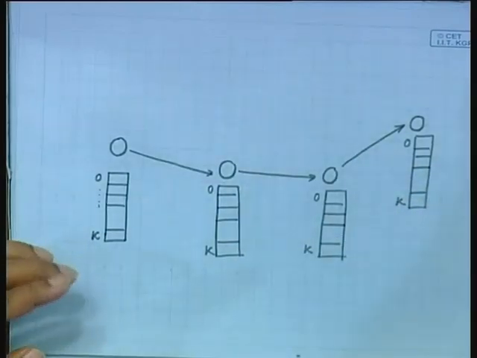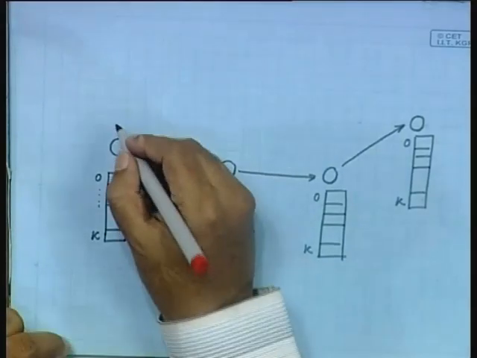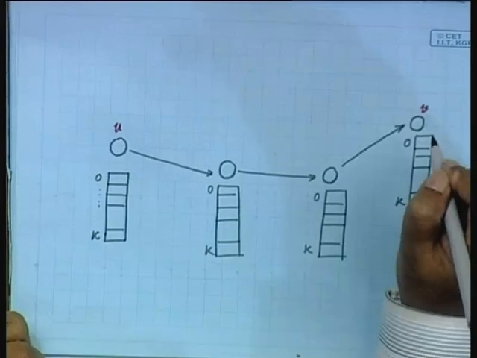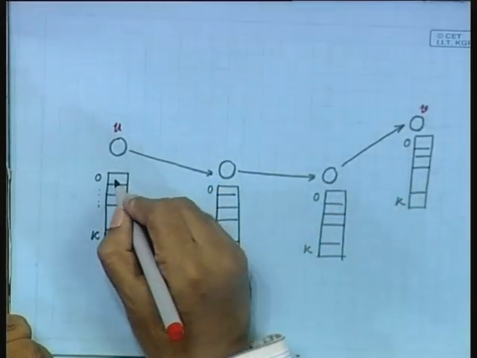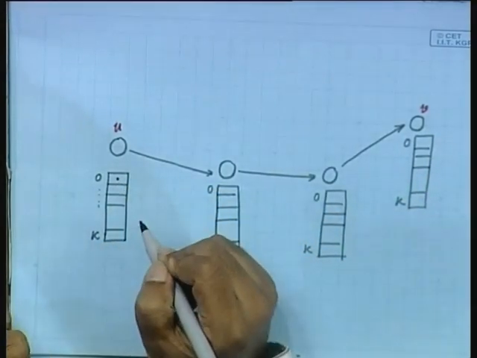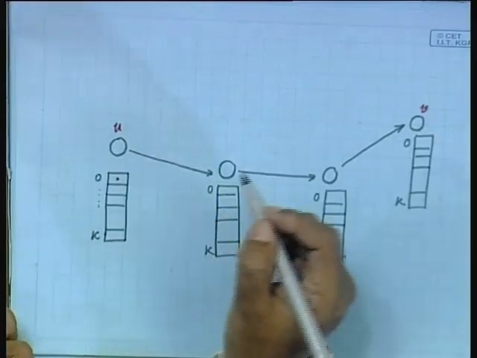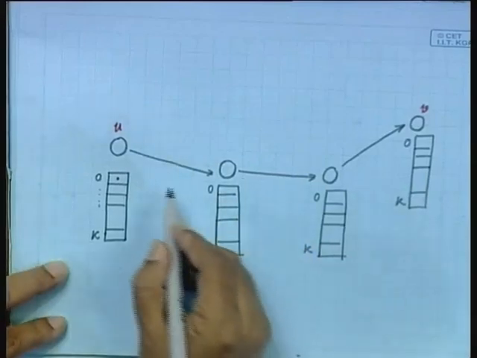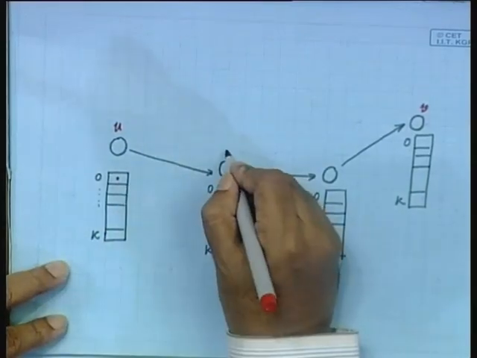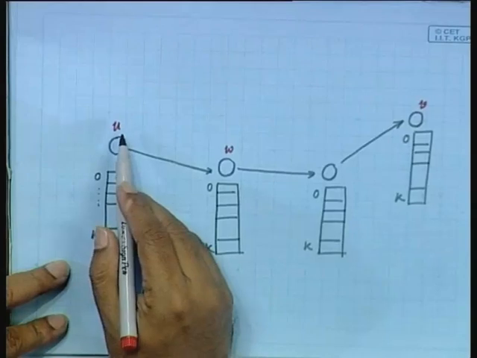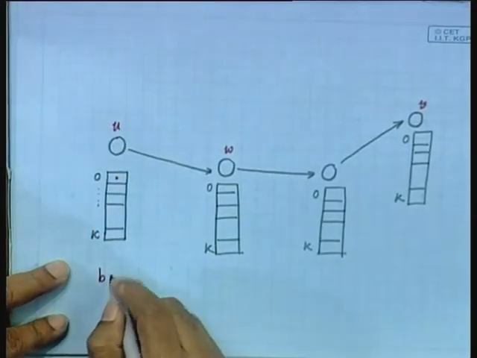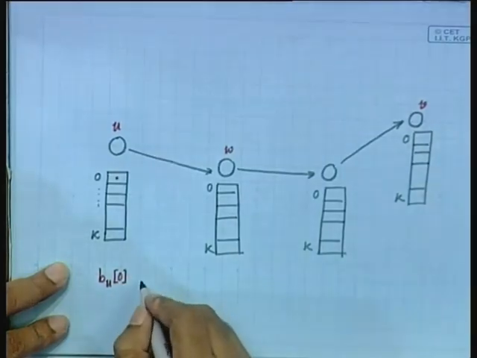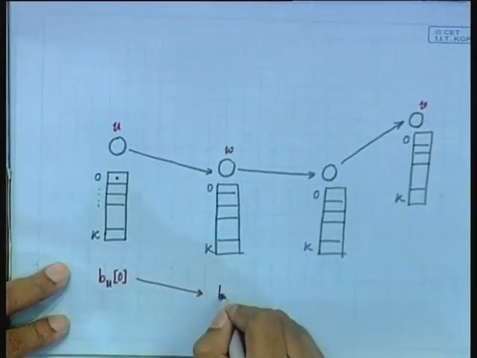Now, when a packet has to be routed from this node U to the node V, we will first put the packet here. Every time the packet makes a hop, it will be copied from BU0 to BW1.